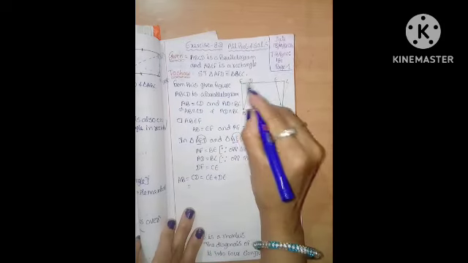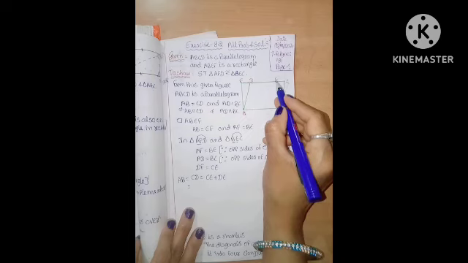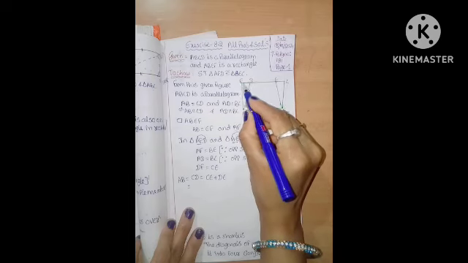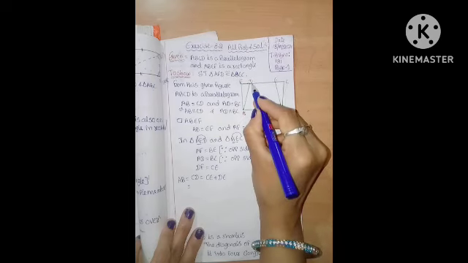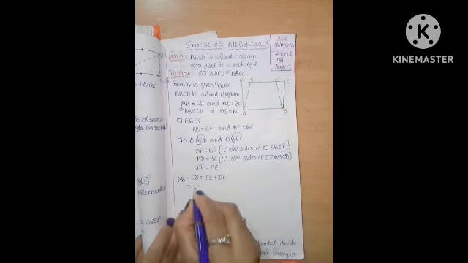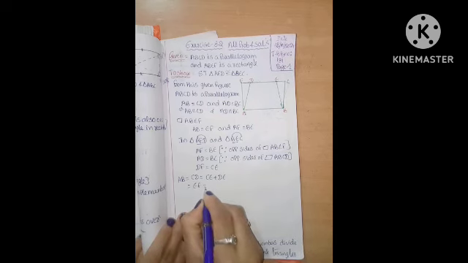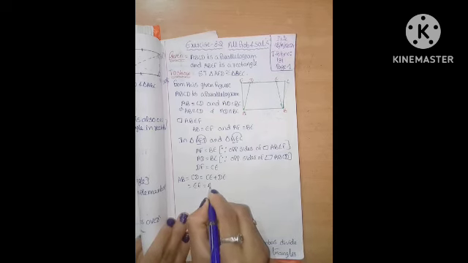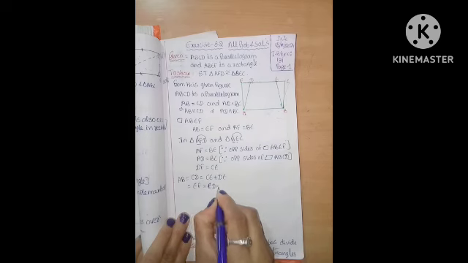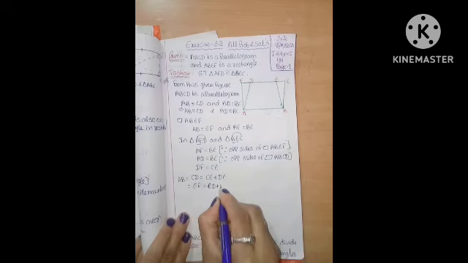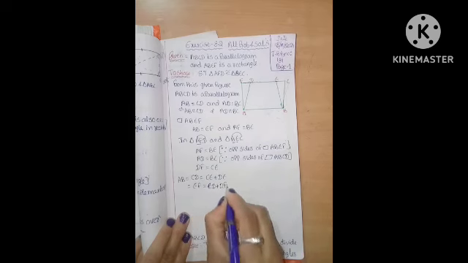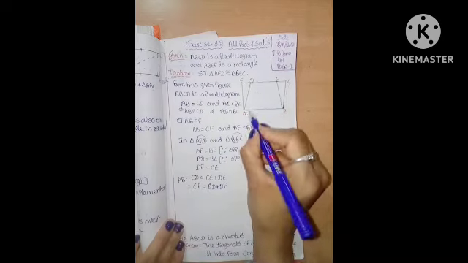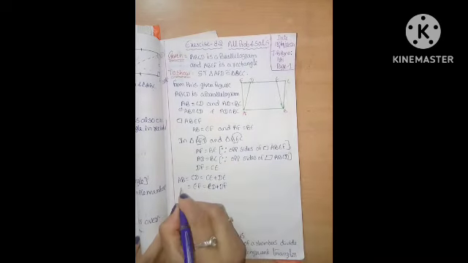Next, EF is equal to ED plus DF, or DE plus DF. This EF is also nothing but AB.